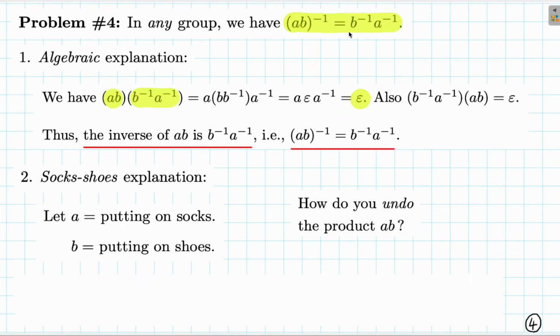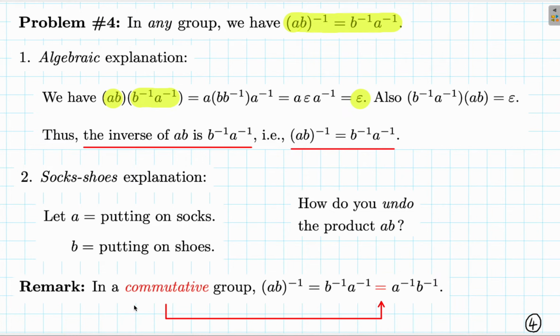And so this relationship here is true in any group. And I'd like to end this slide with one more remark, namely, if we have a commutative group where the order in which we multiply these elements doesn't matter, then we still have the inverse of AB is B inverse A inverse. That's always true.